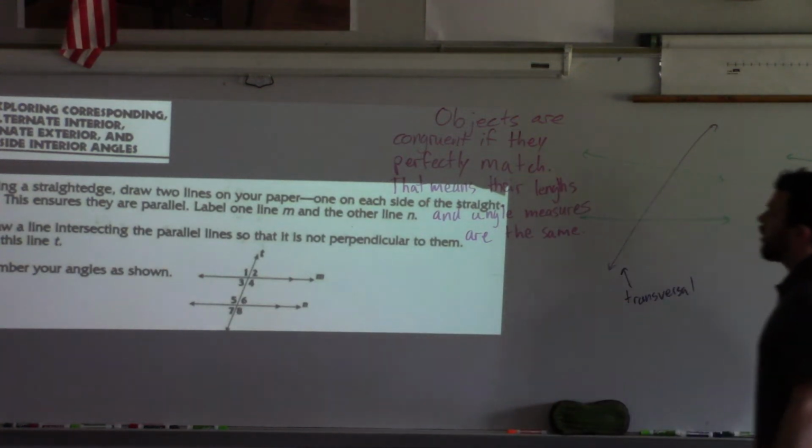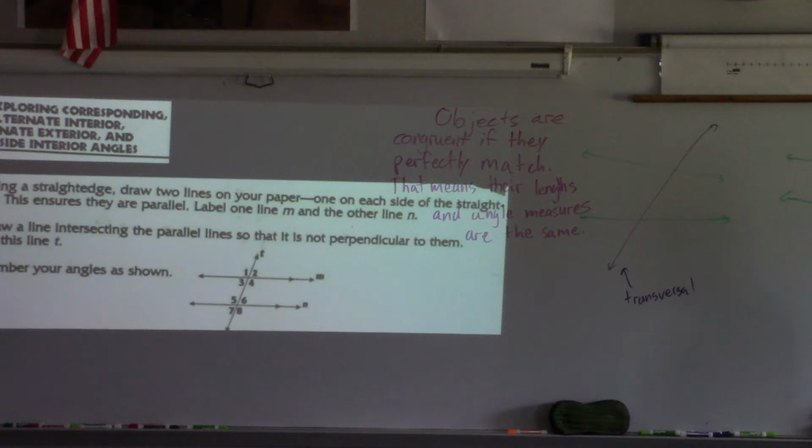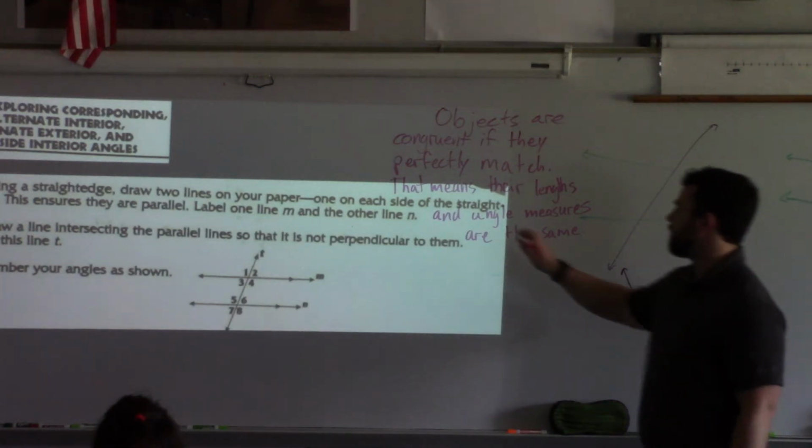We're going to go into more detail about what that actually means in a couple of units, but as a result of them perfectly matching, their lengths and their angle measures are the same.